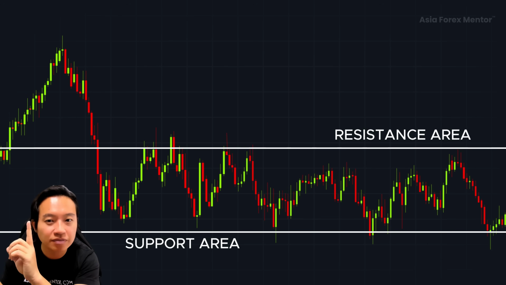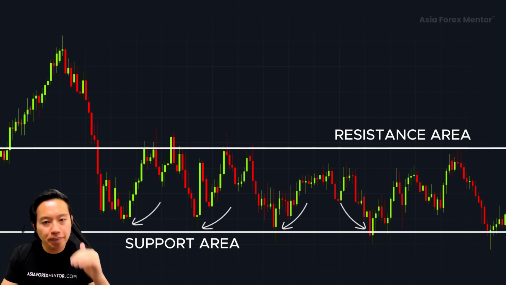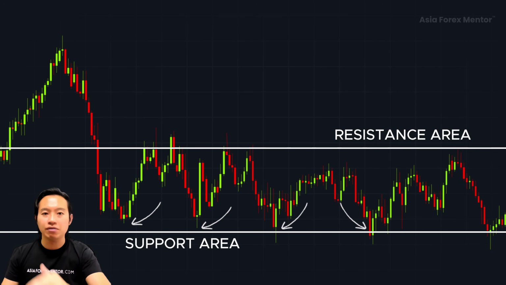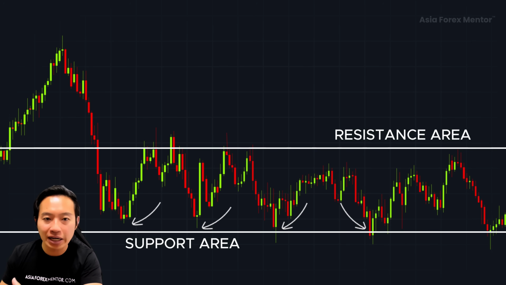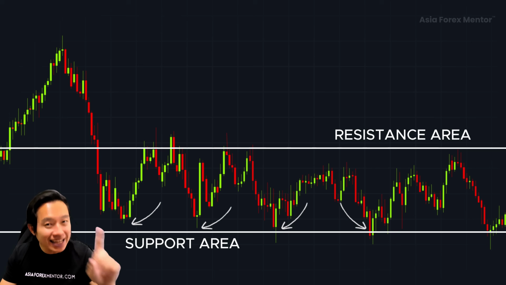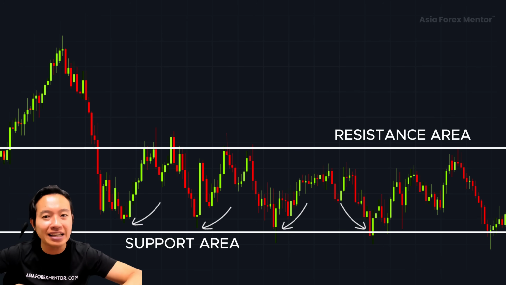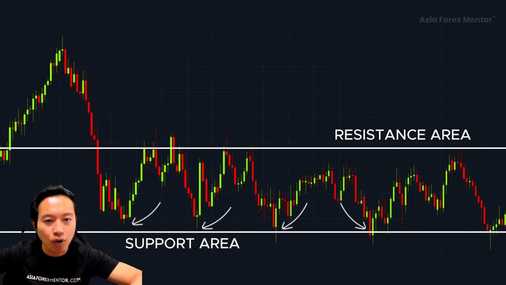Based on the previous history. Got it? So in this example, you can see how price repeatedly tests the support level but cannot break below it. So the rejection of all these lower prices indicates what? That the buyers are actively defending the support level.